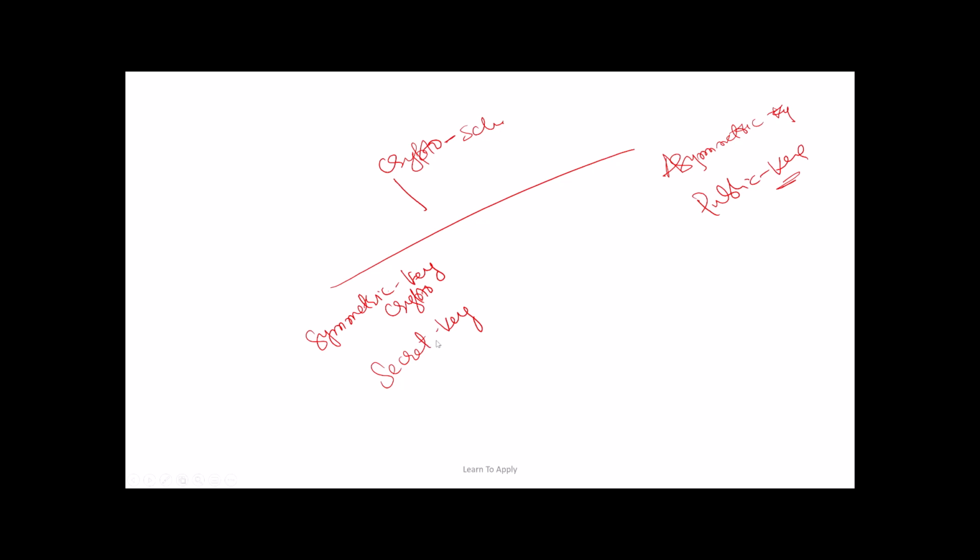Symmetric key cryptography was used for a very long time because we did not have provisions that allow us to use asymmetric means.